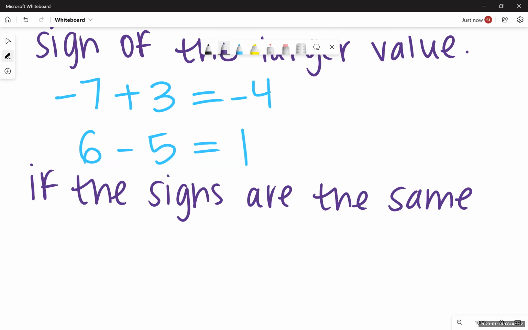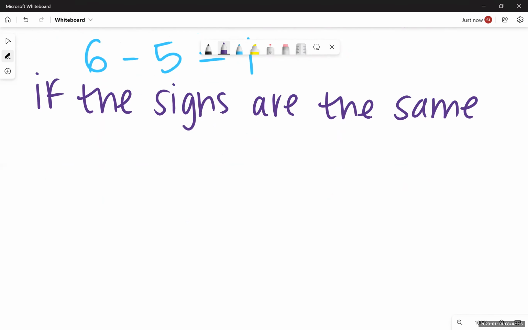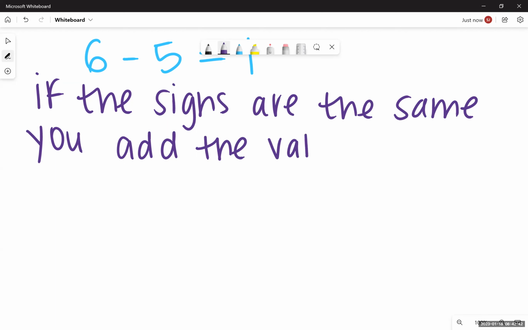One way of this little second chunk right here is fairly understood and no one questions it. It's the other way with the negative numbers that people get confused. But if the signs are the same, you add the values and you keep the sign.